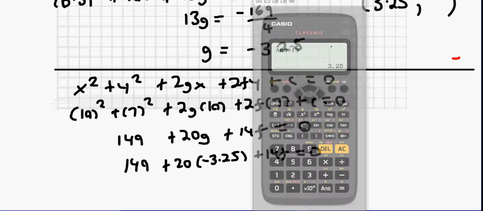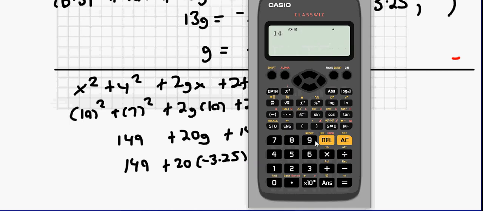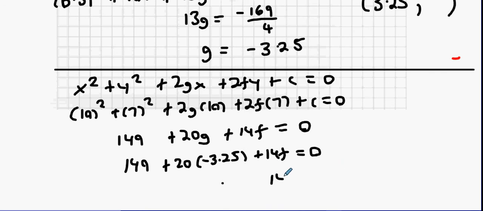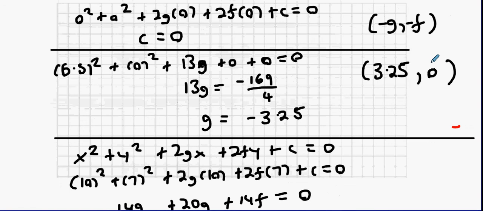So throw that into the calculator: 149 plus 20 times minus 3.25. You get 84. Throw that 84 over the other side, so it's going to be 14f equals minus 84. f equals minus 6. That means the center of the circle is 3.25 and 6.